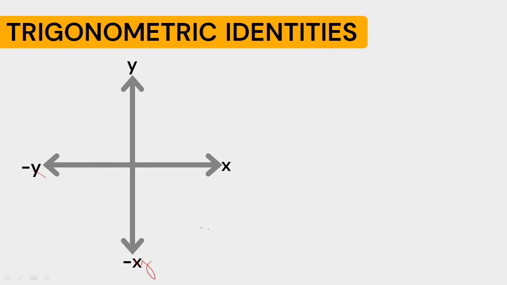Now the last case. In the fourth quadrant, we assume this as a triangle. Suppose this is theta, and this will be the base, this will be the perpendicular. So perpendicular here is negative, base here is positive, and hypotenuse is obviously positive because of the formula which I have been repeating all the time.